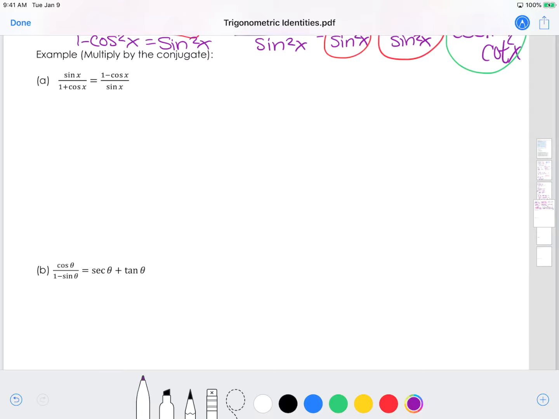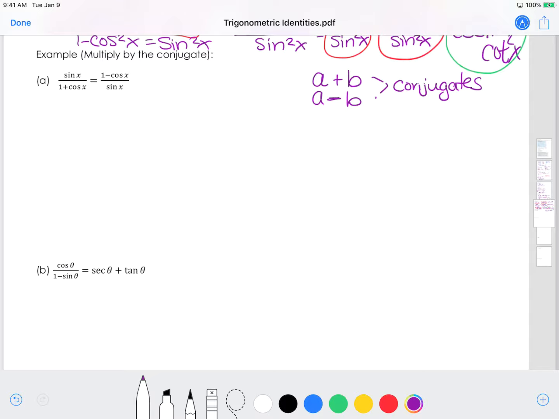Okay, the next technique I want to show you is multiplying by the conjugate. And a quick refresher, conjugates are numbers that are written so that when you have two terms, the middle sign changes. So for example, a plus b and a minus b are conjugates. Notice that the signs of both numbers don't change.